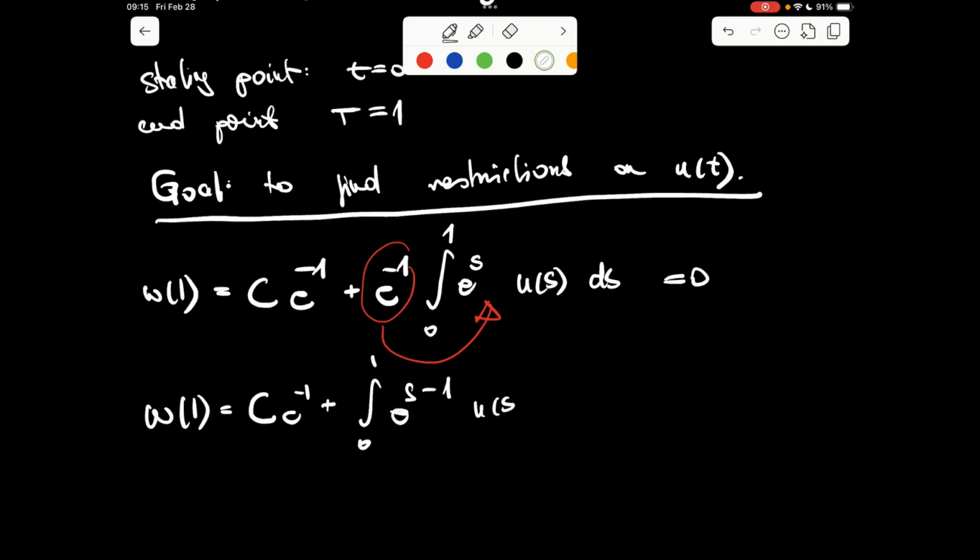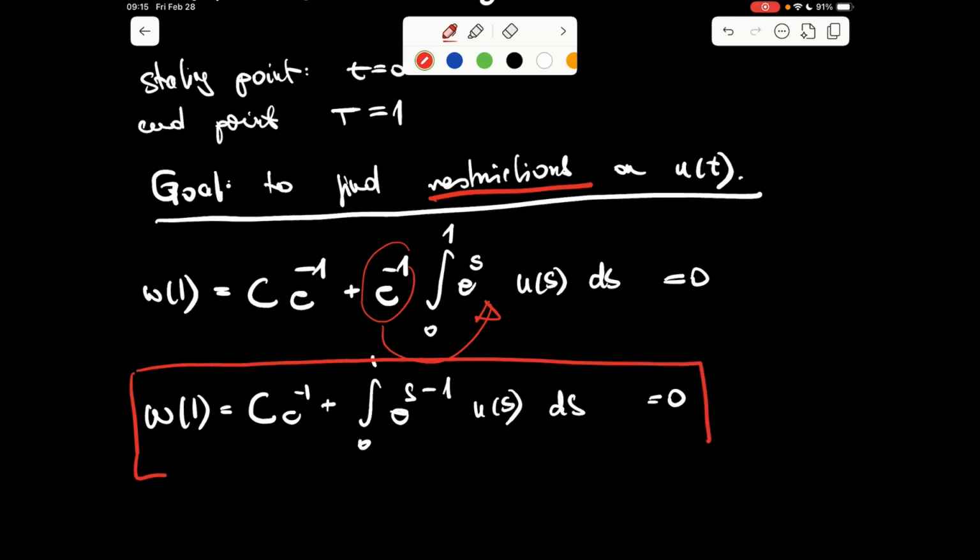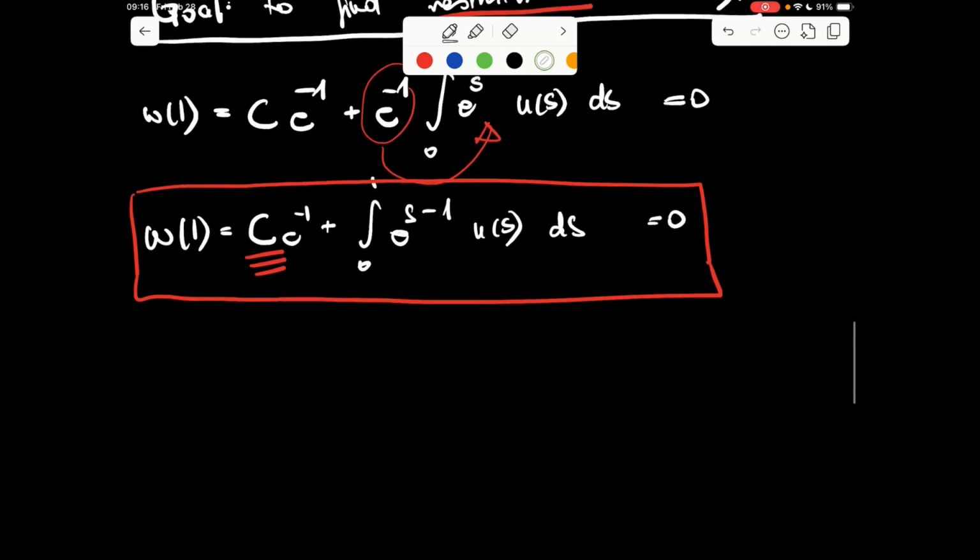Okay, this is easy. So this is one condition, one restriction on u(t). Note that there is an unknown parameter in the equation. Likewise, we can use the other condition.